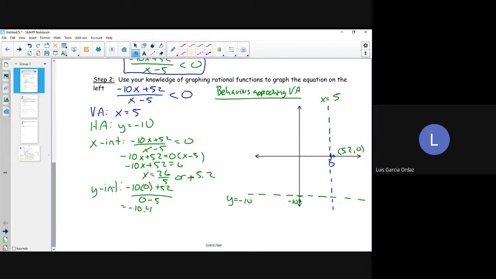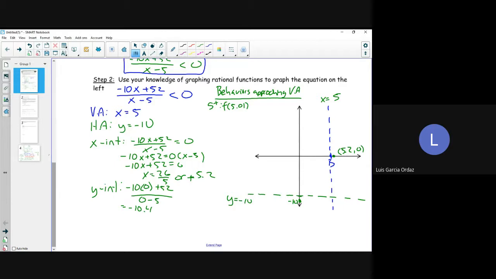So you want to take a look at 5 to the right. So what is an x value that is to the right of 5 that is 0.01 greater than 5? So we're going to look at f at 5.01.